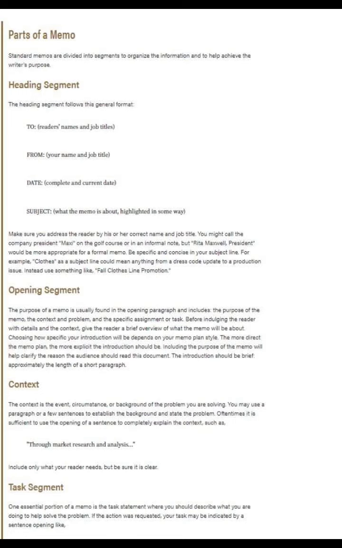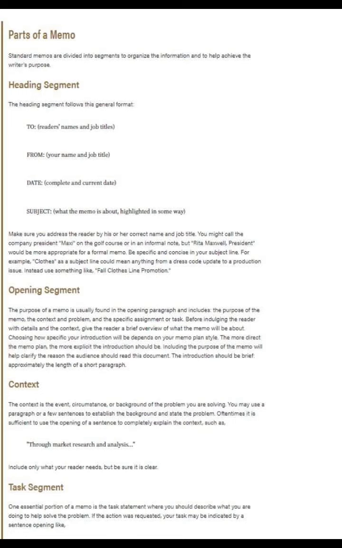How specific your introduction is depends on your memo plan style. The more direct the memo plan, the more explicit the introduction should be. Including the purpose of the memo will help clarify the reason the audience should read this document. The introduction should be brief, approximately the length of a short paragraph.